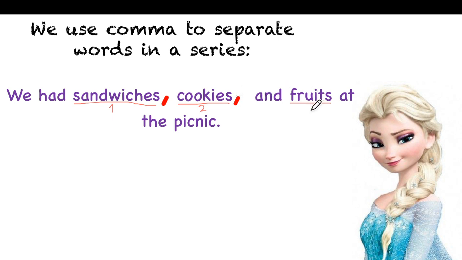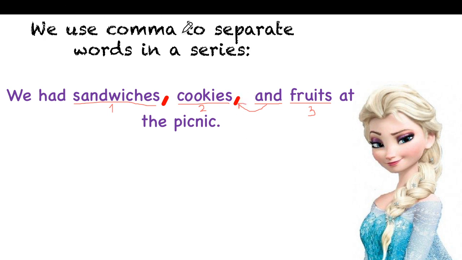And fruits. This is the third thing that we had for the picnic. This is the third word in the series. The comma does not come here anymore. The last comma is before the word and.